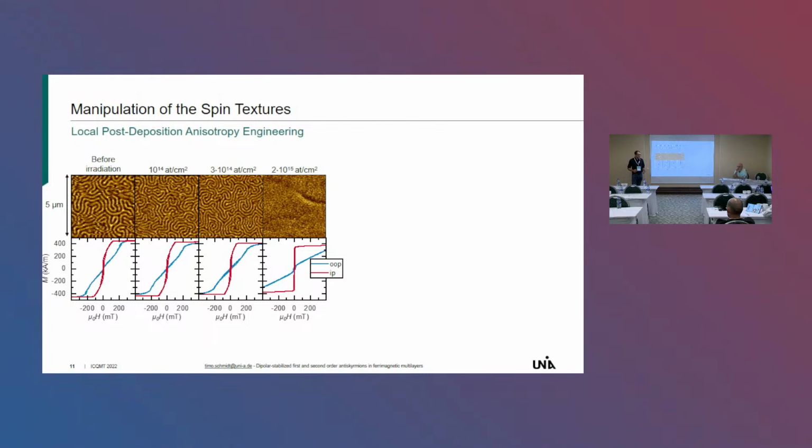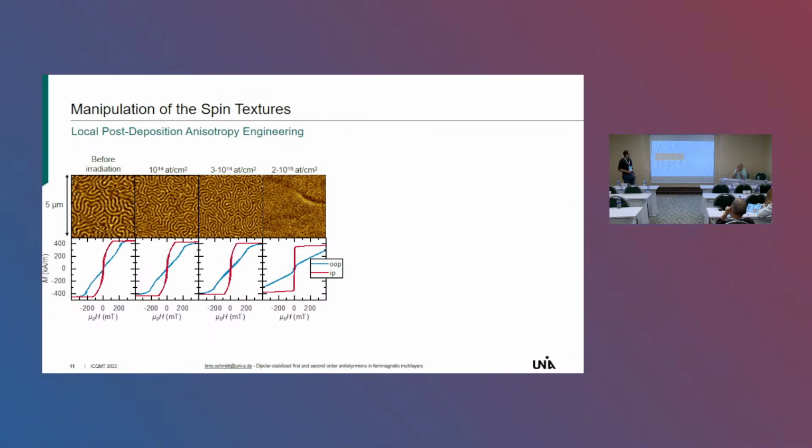And the idea with that is that we irradiate our films with helium ions. And you can see from these MFM pictures that before irradiation you have the labyrinth domains you would expect from your films.